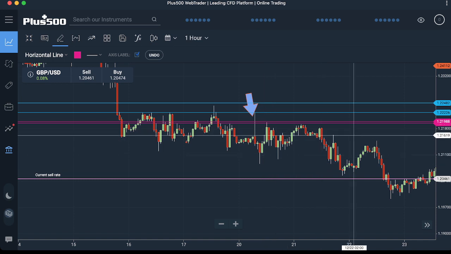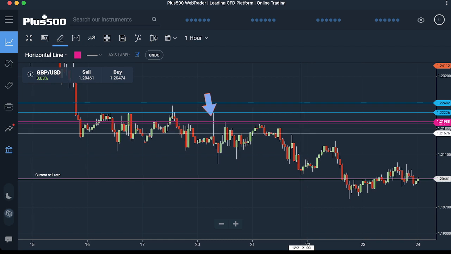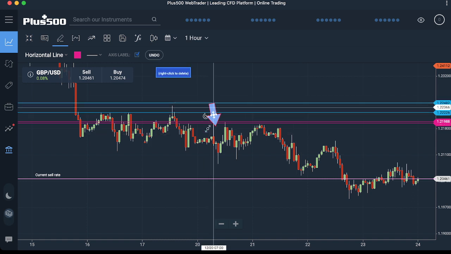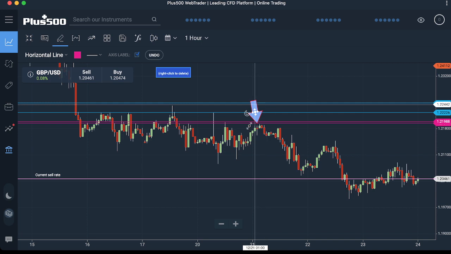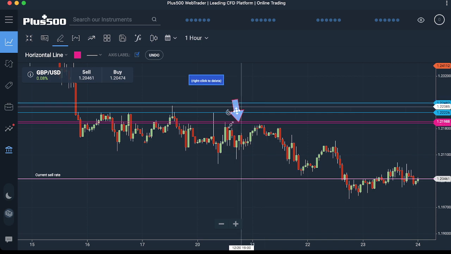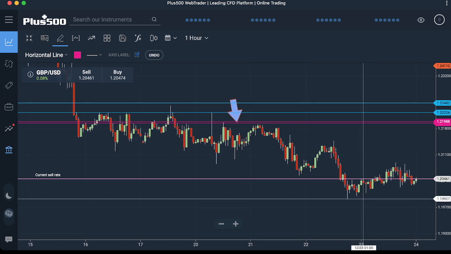And see, this is our last session that we discussed, how perfectly fair value gap is acting as support or resistance. So look at those pink colors, how this level is acting as resistance and how the price is pushing and getting rejected from this area to the downside, and at the end is going to this level.